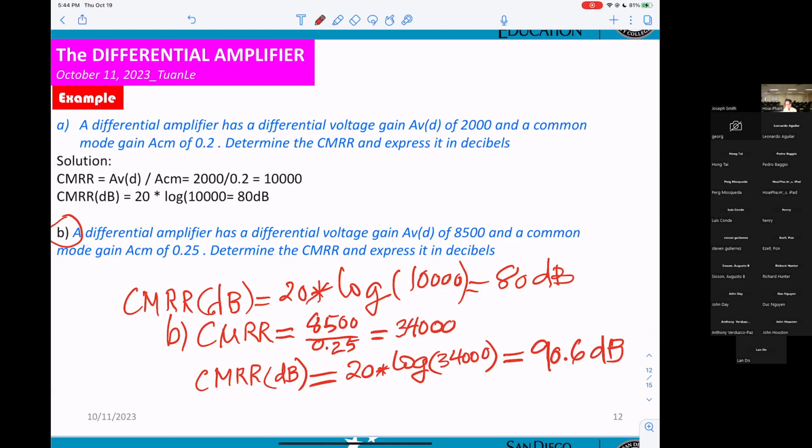That's just a minimum calculation. Try to know how you are able to calculate the common mode rejection ratio also in decibels.